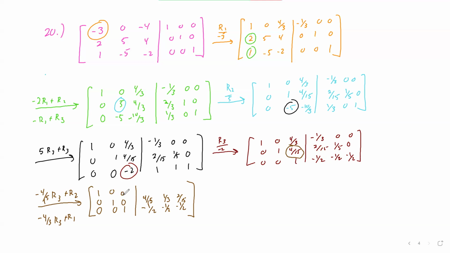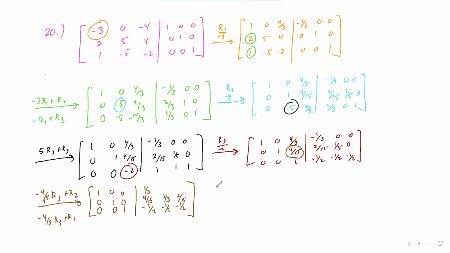And then the big question. Take -4 divided by 3 times -1 divided by 2. Right? Plus, what was up there originally? -1 divided by 3. I get positive 1/3. Plus row 1 would be 0.